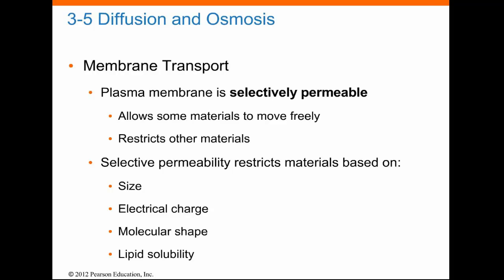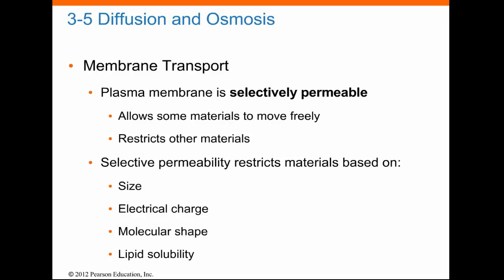If we're looking at selective permeability, it allows some materials to move freely but restricts others. The restriction can be based on the size of these materials or the electric charge. Remember, the electrolytes are charged particles, so it may depend on whether it's a charged particle, being positively or negatively charged, the actual molecule shape, and also whether it is lipid soluble.